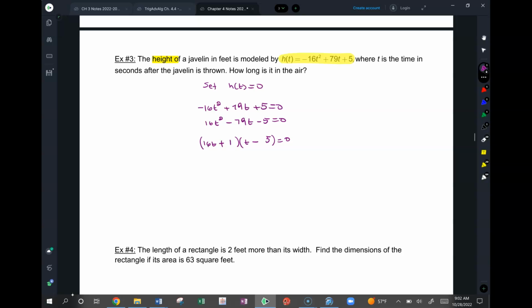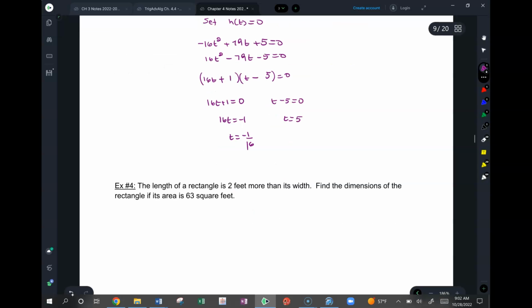Okay. So 16t plus 1 is equal to 0. So t is negative 1 over 16. And then here, t is 5. Okay. We're solving for time. Can it be negative?